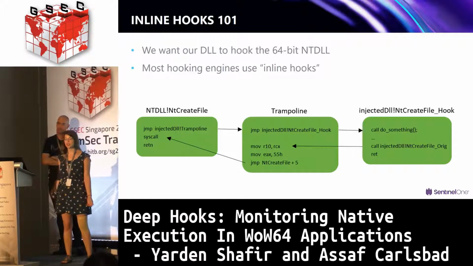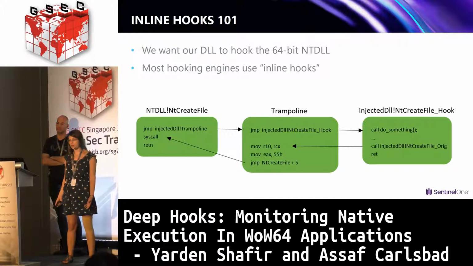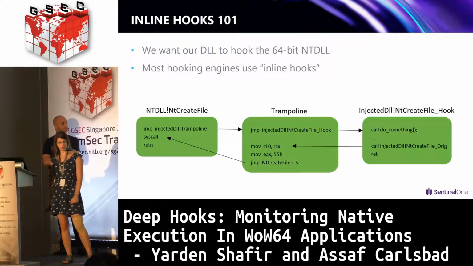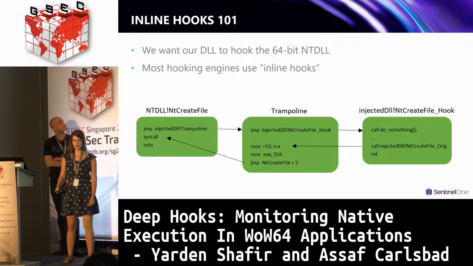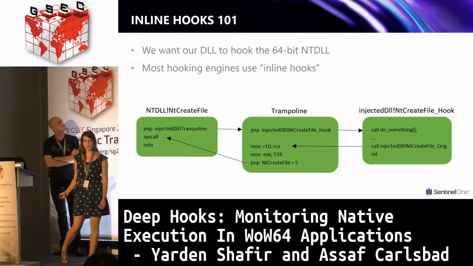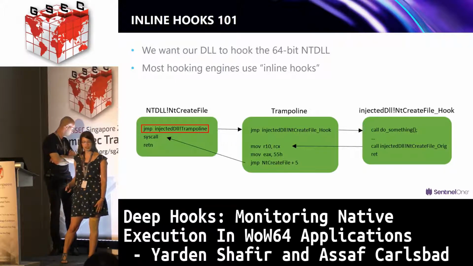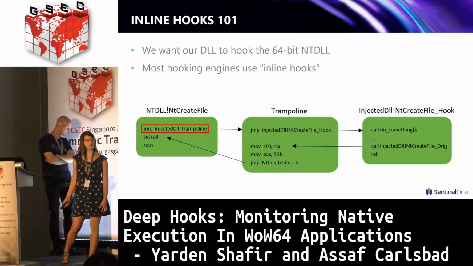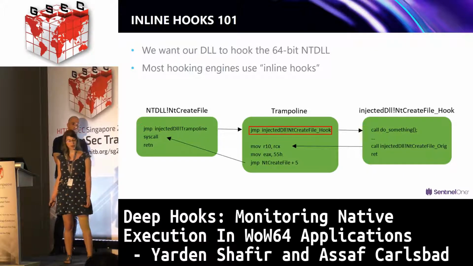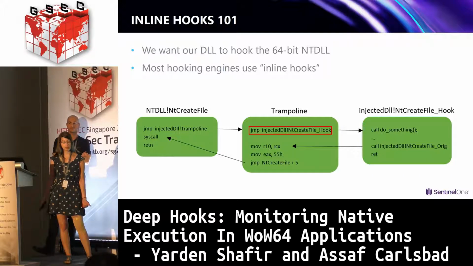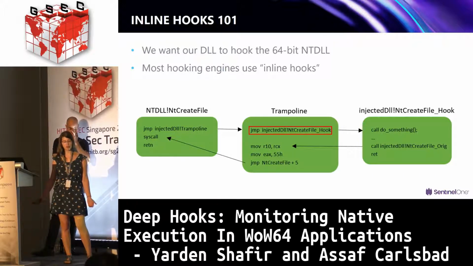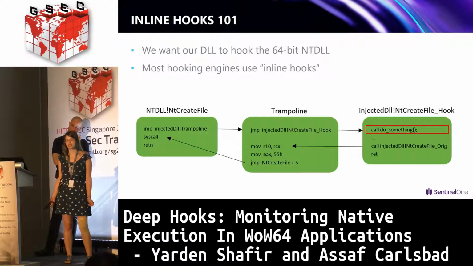A hooking method which is very common in hooking engines, and also the one we used here, is called inline hooks. This method works by overwriting the first few instructions of the hooked function and replacing them with a jump instruction to a memory buffer we allocate inside the process called a trampoline. This trampoline just forwards the call to our detour function found in the DLL we have just injected.